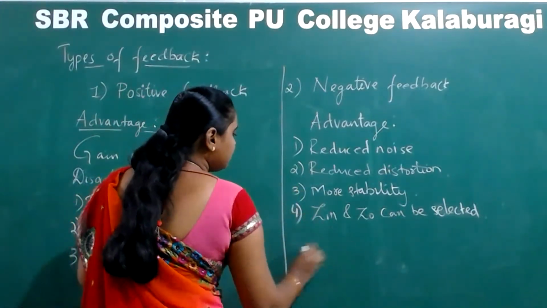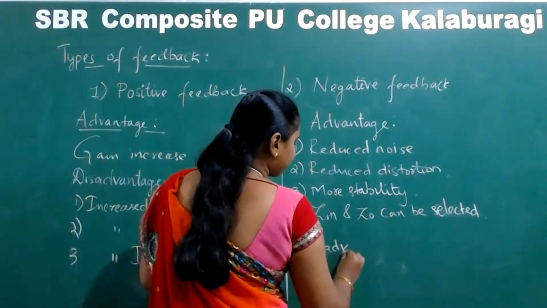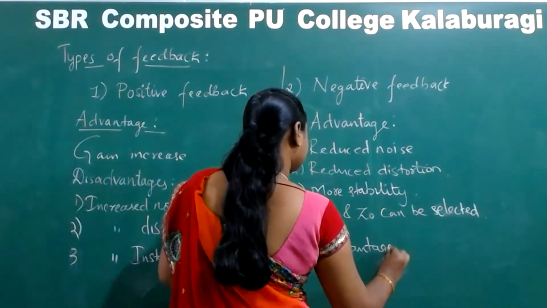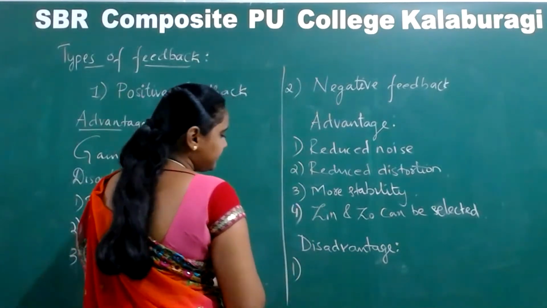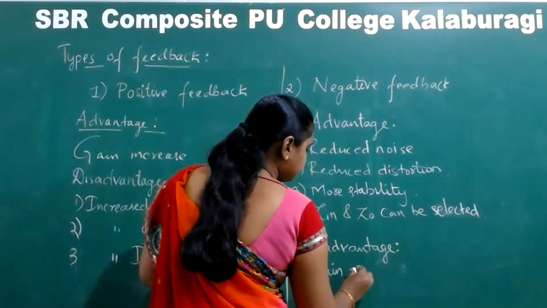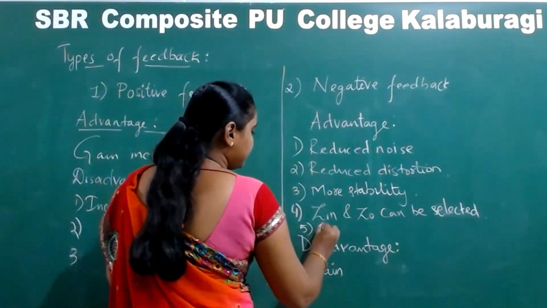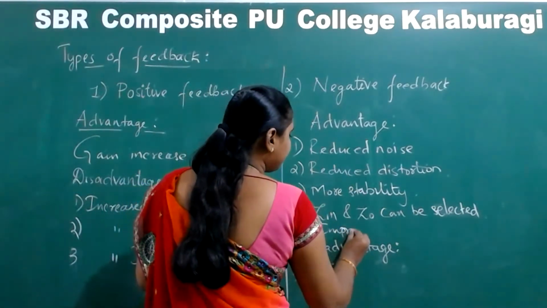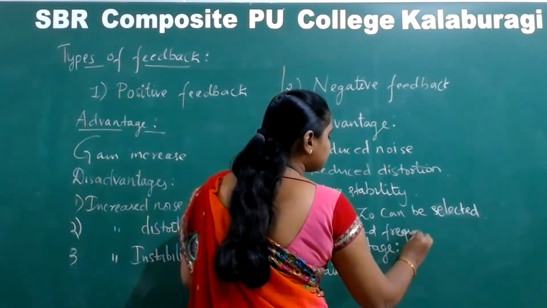Okay, yes. So now about the disadvantage. The disadvantage is in the form of what? Gain. Yes, of course, another advantage is improved frequency response or better frequency response. Frequency response will be better.